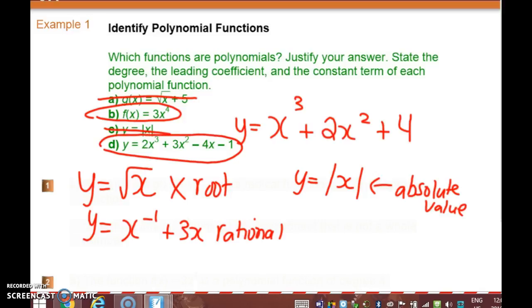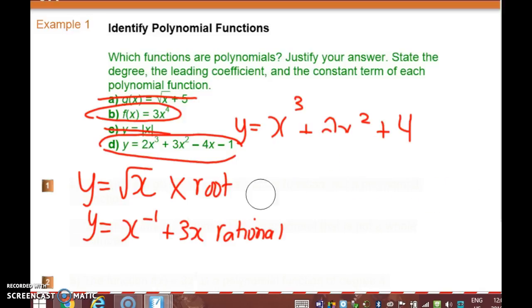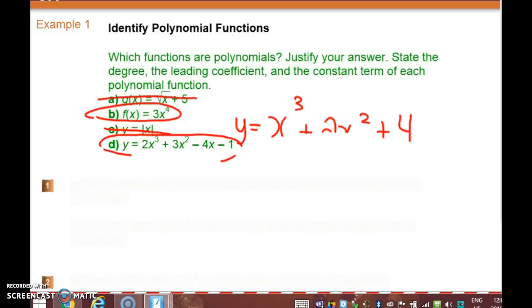Okay, so if we want to pick the pieces out of a polynomial function, this is the degree. Whatever is in front of x, so 1 would be there, is the leading coefficient.